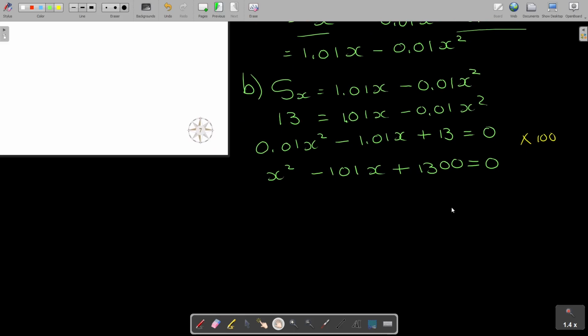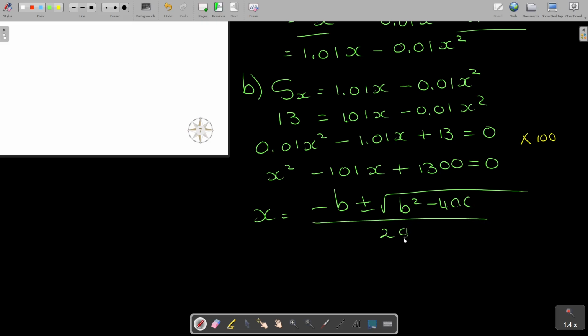Okay, now in this case, I can actually leave it with the fractions also, because I'm going to use the formula now. But I still think the substitution is easier if you do it. Because I always say to you, minus b plus minus the square root of b squared minus 4ac, that is always your other option. So let's do it, because they don't factorize nice. So it's negative 101 plus minus, and then b squared. And again, remember, you could have worked with the decimals. I just thought it could factorize.